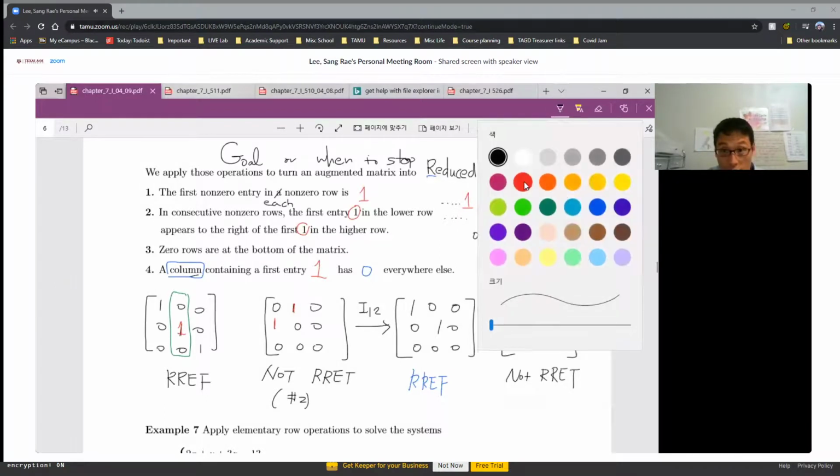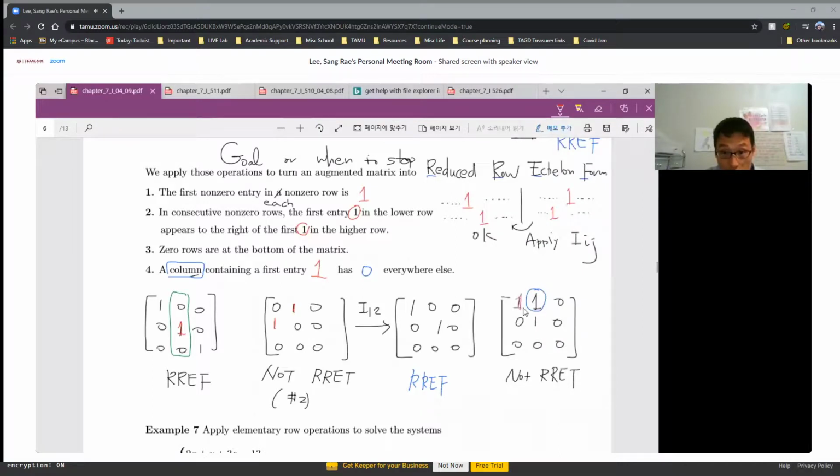We have first ones, the bloody 1s, in row 1 and row 2. Those are the first non-zero entries, which are 1s. But this one in the blue bubble is just a generic number. It happened to be 1, but it's just a number. Look at number 4. Every column containing the bloody 1 has 0 everywhere else. This is not RREF because condition number 4 is not satisfied.